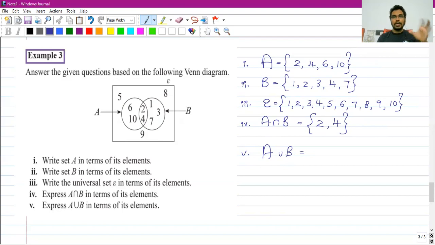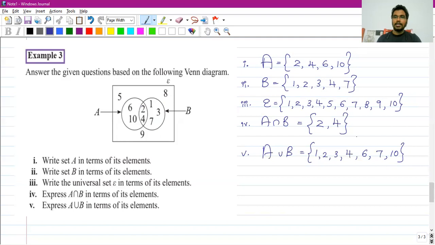A union B means all the elements of set A as well as set B. When using the Venn diagram, I said all the elements of sets A and B. From this one we can take all the elements of set A, and from this one all the elements of set B. This is the shaded part where all the elements are included in A union B. We can write those elements as 1, 2, 3, 4, 6, 7, and 10.